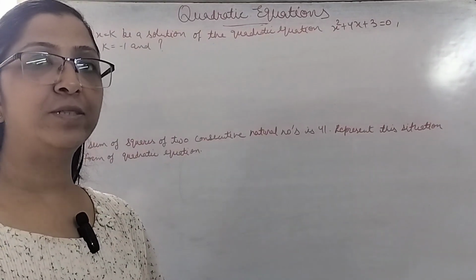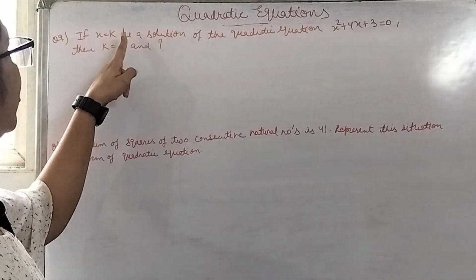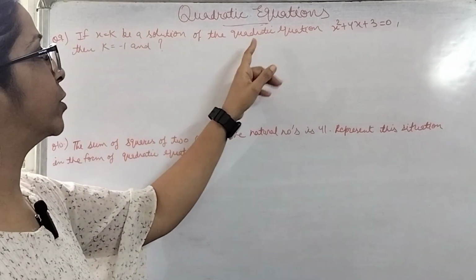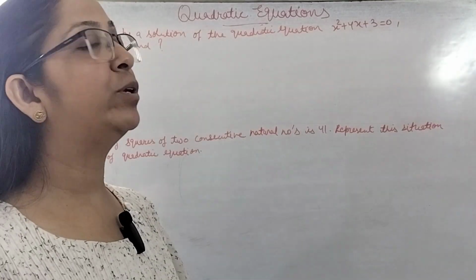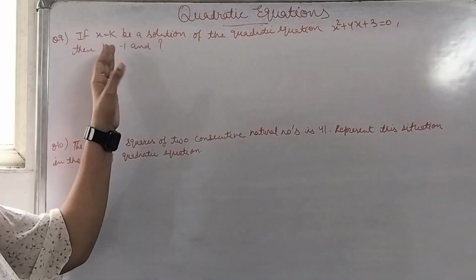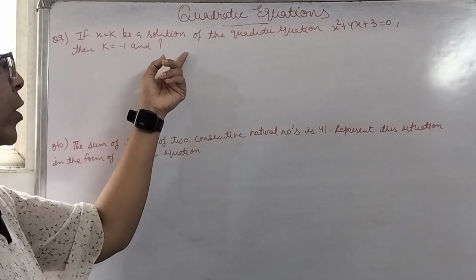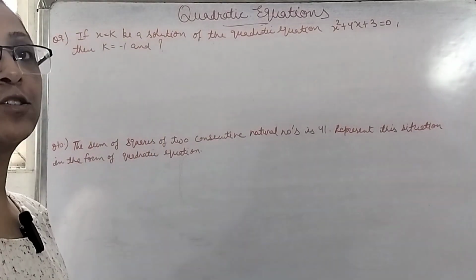Let's see another question. If x equals k is a solution of the quadratic equation x square plus 4x plus 3 equals 0, then k equals minus 1 and what else? That means one value of k is already given to us.